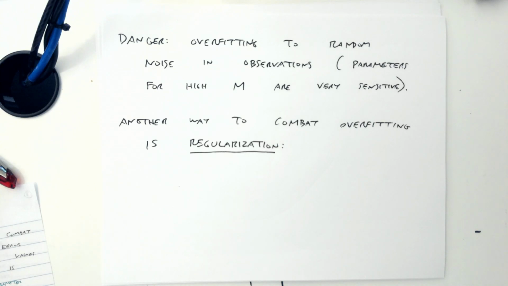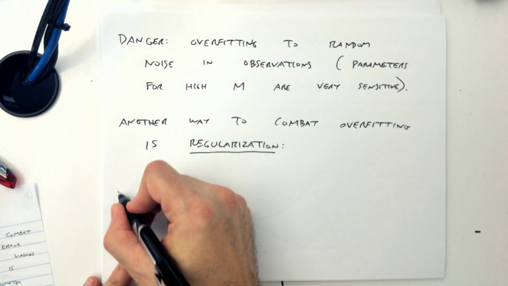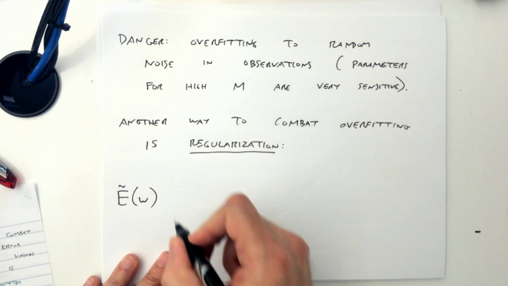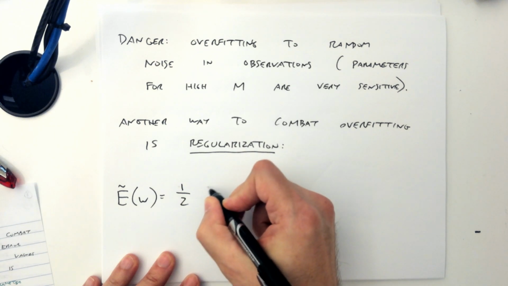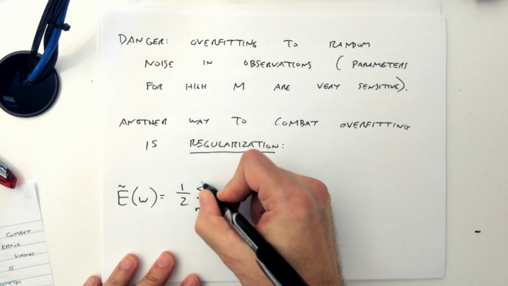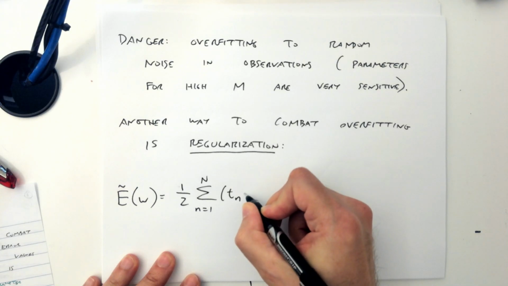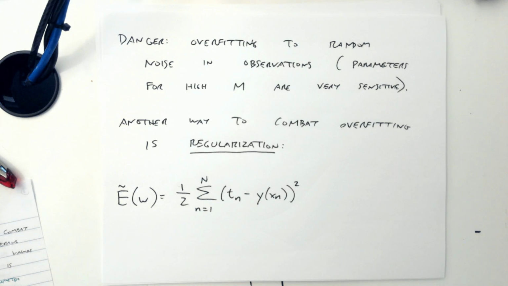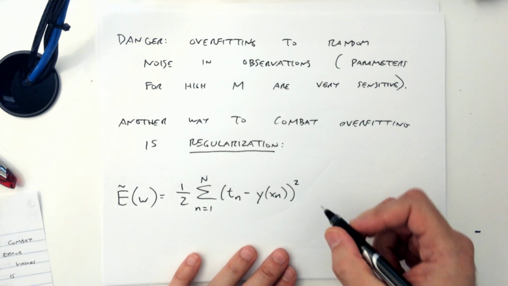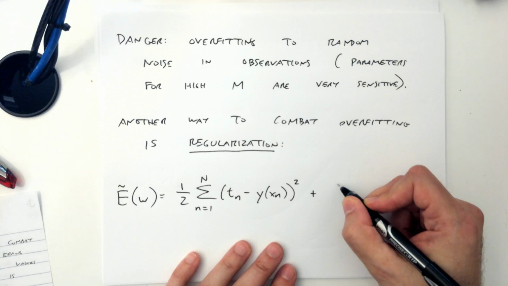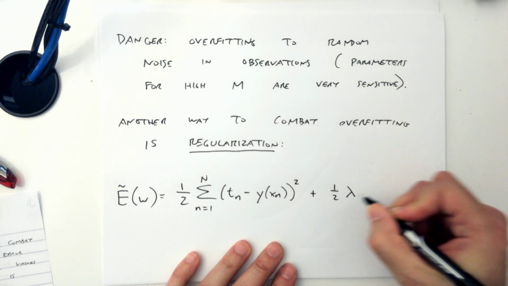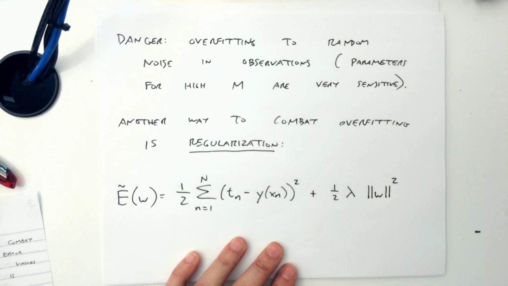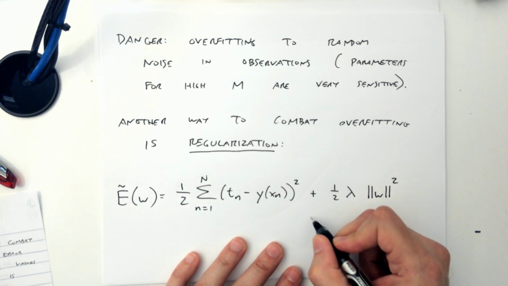So the idea is to define a slightly different version of the cost function. I'm just going to put a little hat on it, E tilde, right? Here, this is the same part that we had before. I sum up all my squared errors, right? And then what I'm going to do is add this guy here.